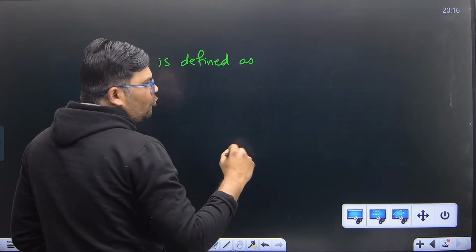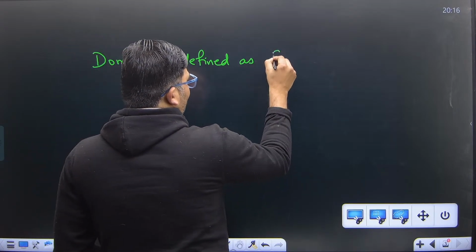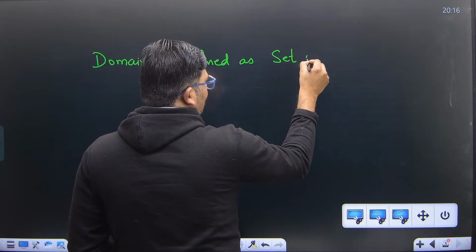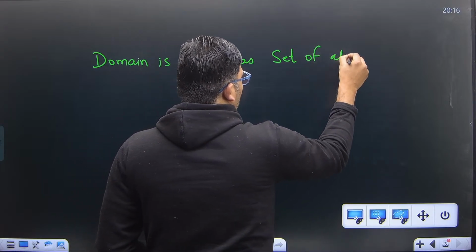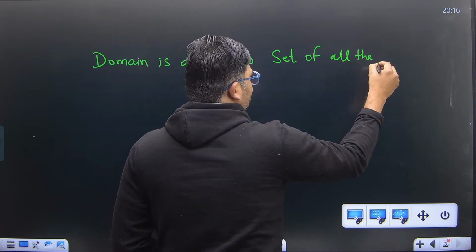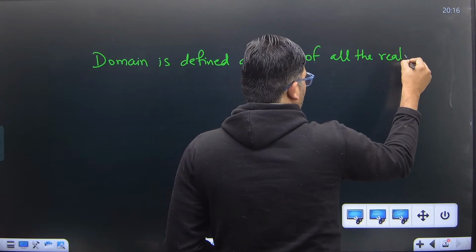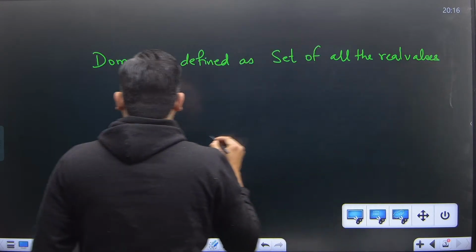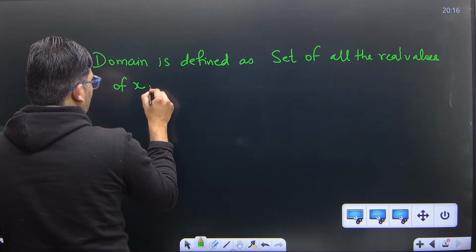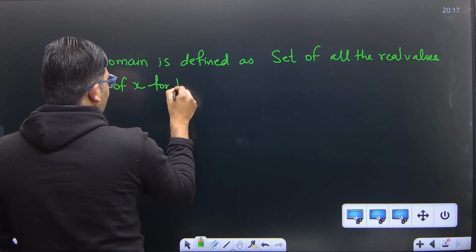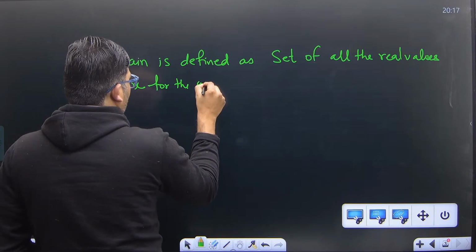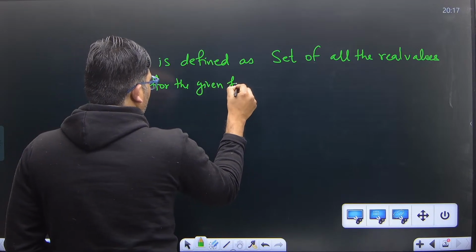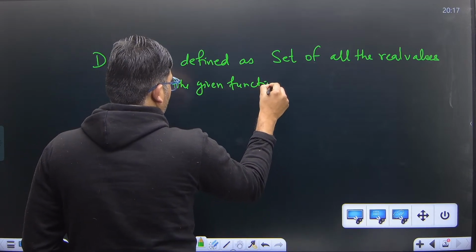It is a group, you can say it is a group, but we will use the word set. Set of all the real values of x for the given function.